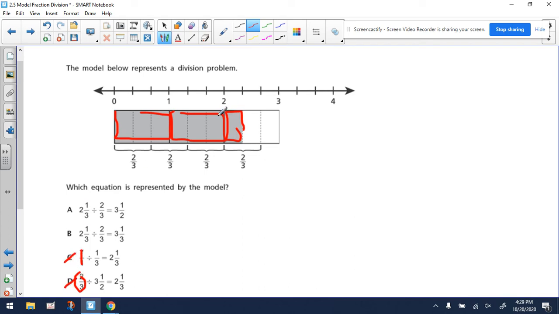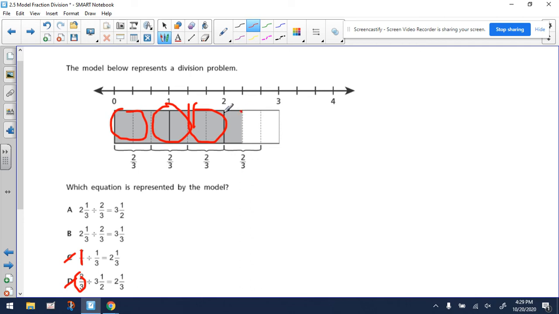So if we're starting out with 2 and 1/3, we have to figure out how it is being broken up into groups of what? So if we look kind of carefully here, it looks like they're talking about groups of 2/3. So here's a group of 2/3. Here's another group of 2/3. Here's another group of 2/3. And then we're kind of shy, 1, 2, 3, and a little more.